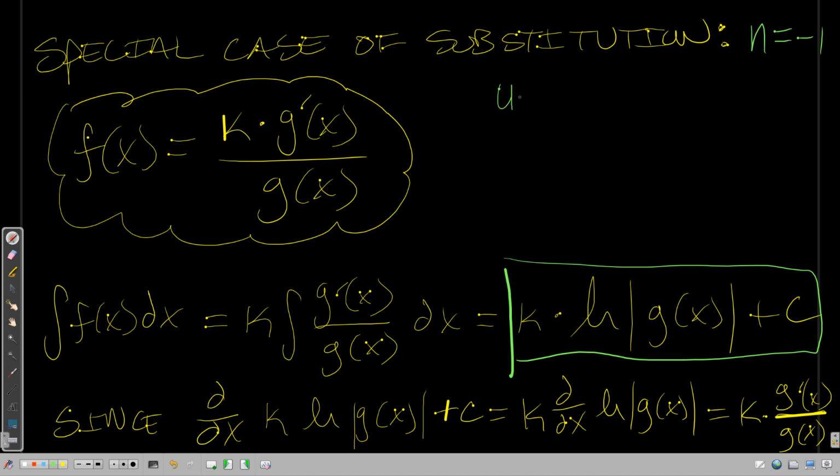The substitution would be u is g of x, and then du dx would have been k times g prime of x.